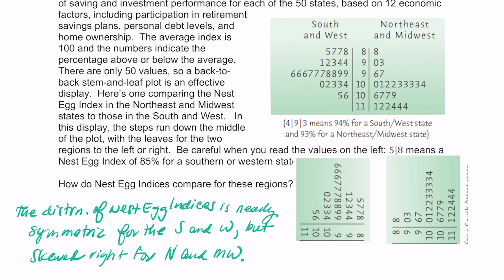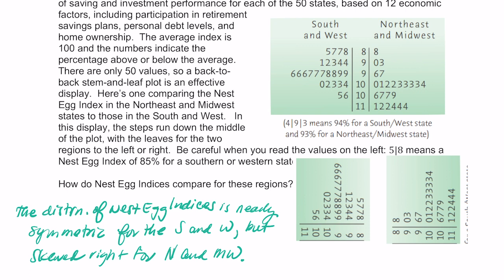So the indices were higher and more variable in the North and West, right? They're much higher than in the South and West. If we also take a look here and look at the North and Midwest states, they had higher indices than any states in the Southwest, right? So that's something to note there.